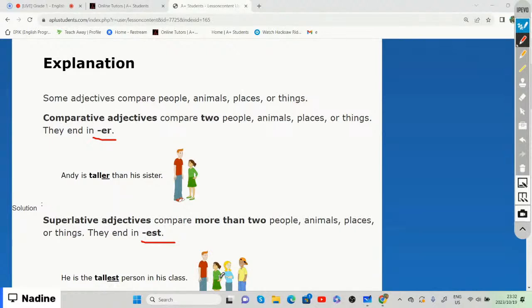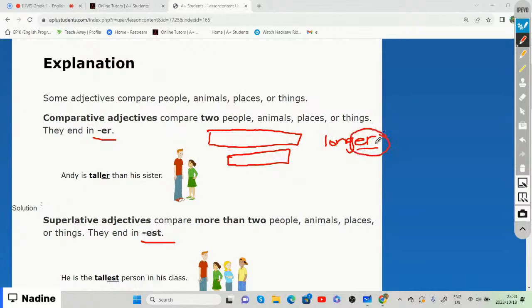So if we, for example, compare, let's say, two rulers, right? If we compare two rulers, then we can say the one ruler is longer than the other, right? So the one is longer because we're comparing the two and we added the er.